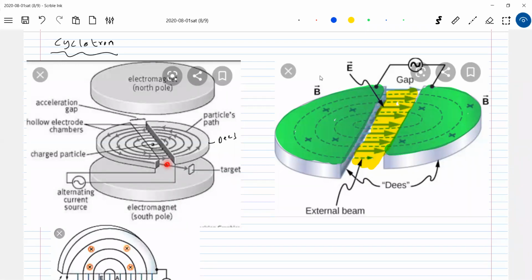Now a few questions: why can't we use an electron here? There's one strict condition he has put. Why can't we use an electron? There's one condition he has put.